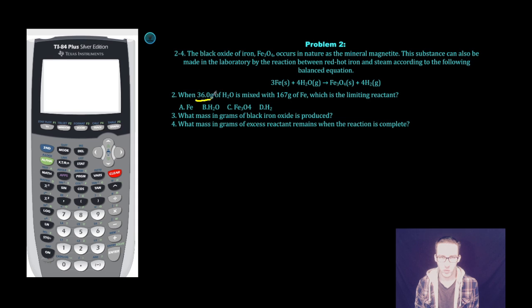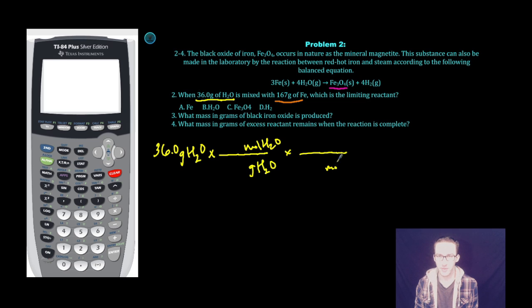Once again, we are going to look at each reactant individually and compare it to a single product that they could form. In this example, I'm going to compare each of them to how much Fe3O4 could be produced. If I start with the 36 grams of water, I'm going to set up a series of conversion factors that will allow me to cancel out the units that I don't want and will leave the units of mole Fe3O4.